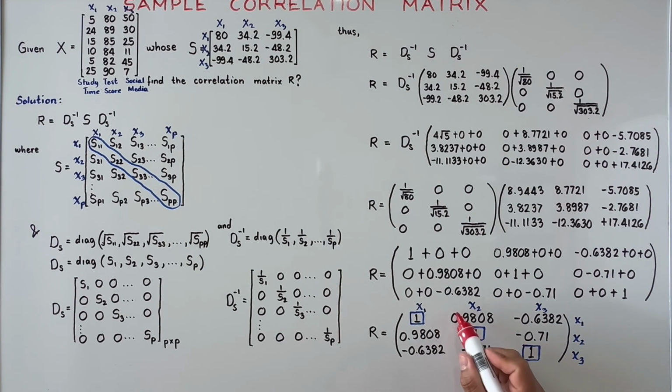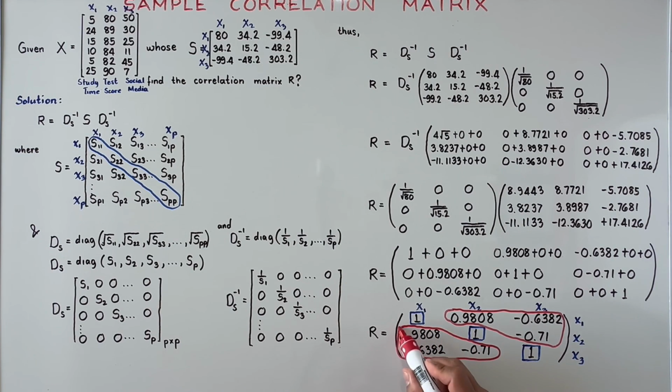And you notice that the upper diagonal of our square matrix is just the same as the lower diagonal, because this negative 0.6382 is the correlation between x sub 3 and x sub 1, which is the same as the correlation of x sub 1 and x sub 3.